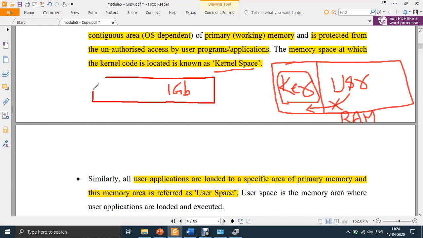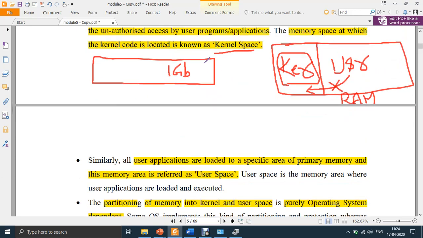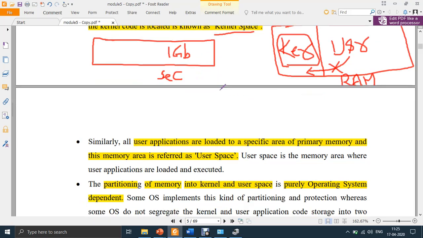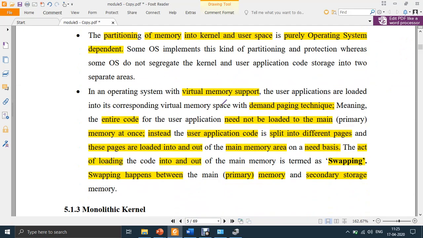It does not actually exist, but it is assumed to be present, and this extra 1 GB is actually used from the secondary memory. Some part of the secondary memory will be used for virtual memory. That is the concept of virtual memory.